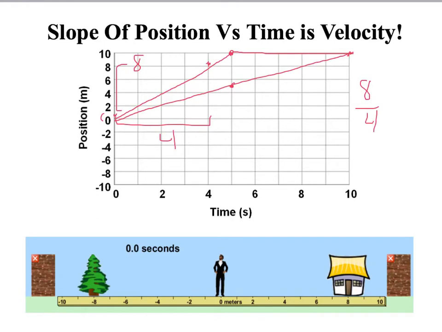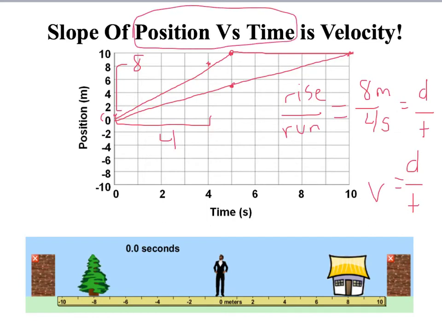And if you look at this, the rise is 8 meters, and the run is 4 seconds, which is equal to a distance over a time. And if you remember what we've been looking at, distance over time equals speed or velocity. So, rise over run, the slope of a position versus time graph is velocity. And that's how you can figure out the velocity of Abe on either of these lines. Just figure out the slope of that line.